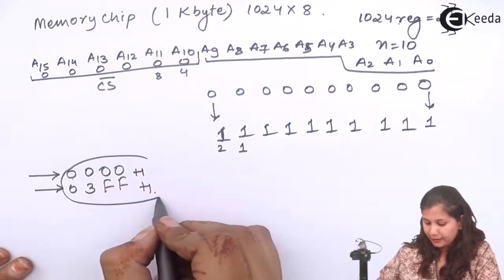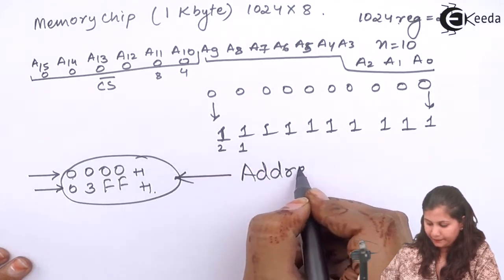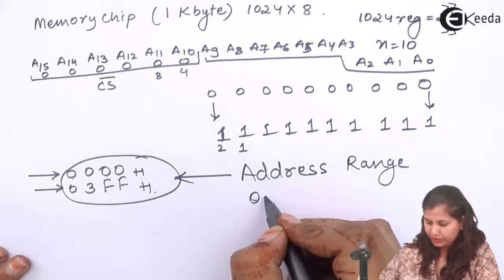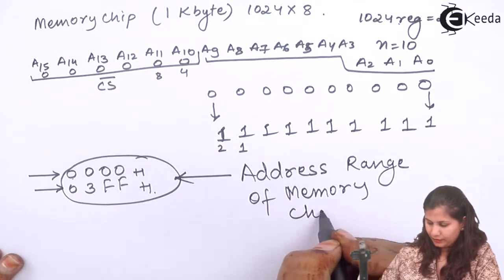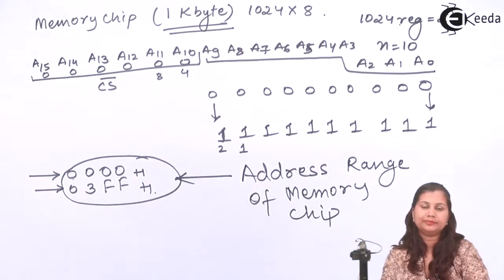So this is the address range of the memory chip, which is of the size 1 kilobyte. Okay.